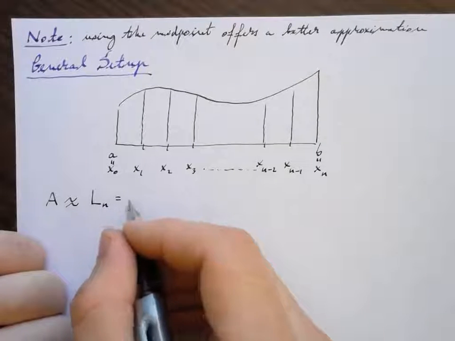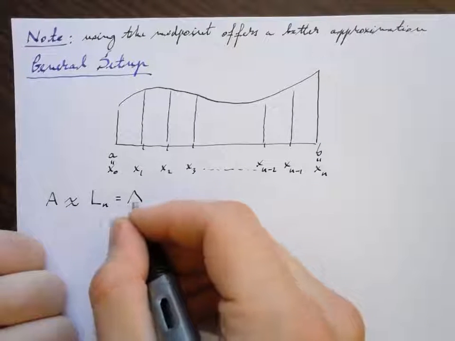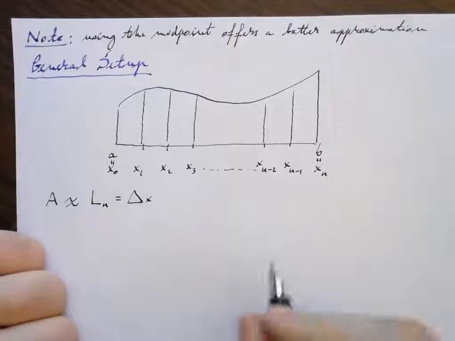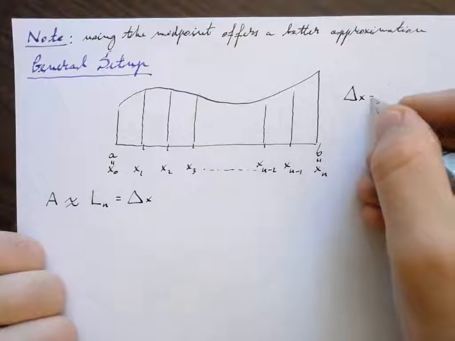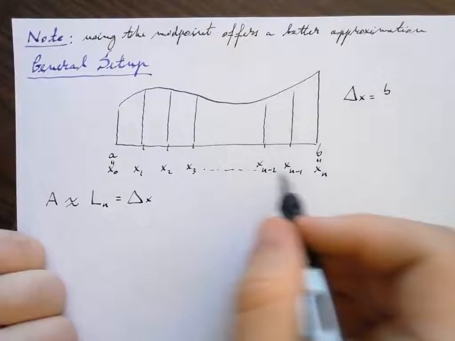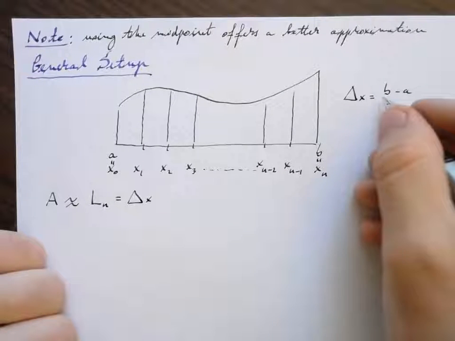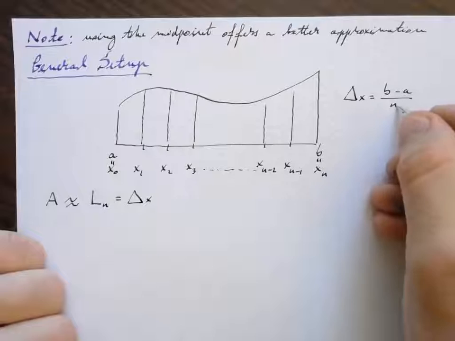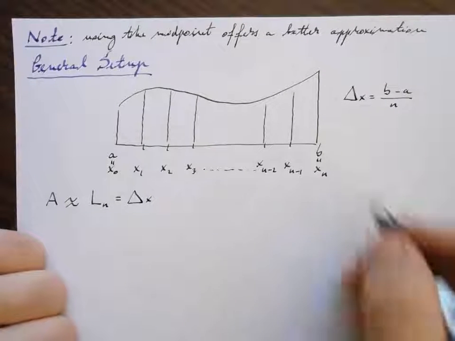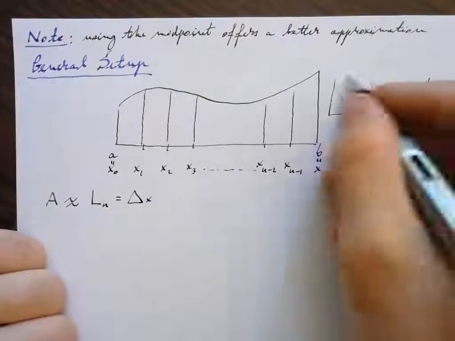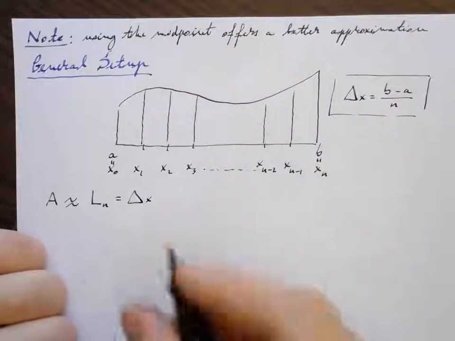rectangles, and that is going to be, we saw the delta x is the same, and in fact the delta x has the value, the total length of the interval, so b minus a, divided by the number of rectangles that I'm going to use. So it's b minus a divided by n. That is what delta x is.